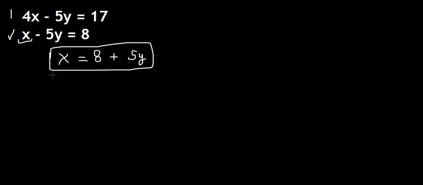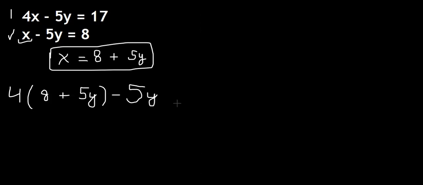Hope you remember the concept which I previously told you in the previous question in this video. So let's put this value in equation number 1. 4 into (8 plus 5y) minus 5y is equal to 17.